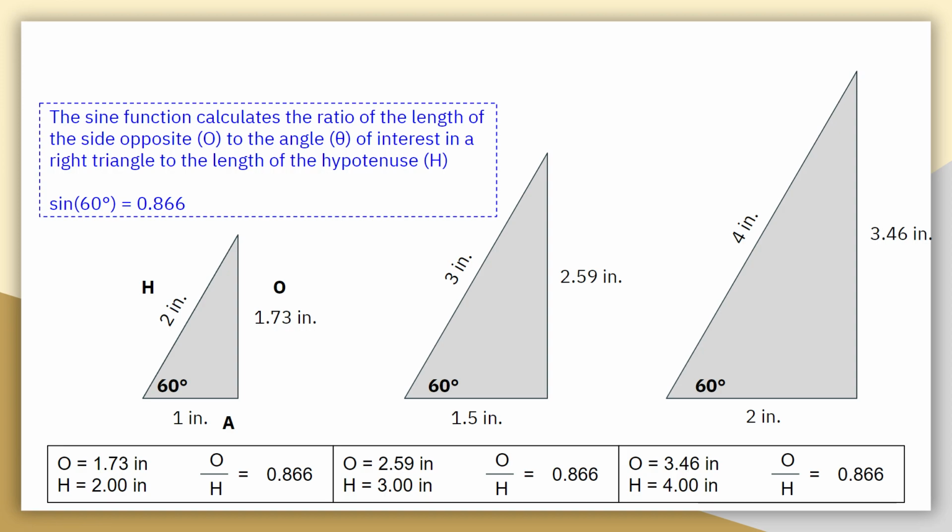Now, the other trigonometric functions, such as tangent, secant, and cosecant, all talk about the relationships between other lengths of the sides in different arrangements. But really, whenever we're using one of those operations, sine, cosine, tangent, secant, cosecant, or cotangent, it is really just plugging in an angle in degrees, or radians, if the calculator is set up in that mode, and then the value that comes out tells us the ratio between the lengths of the sides.